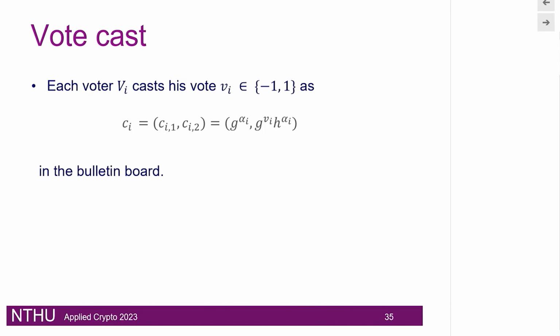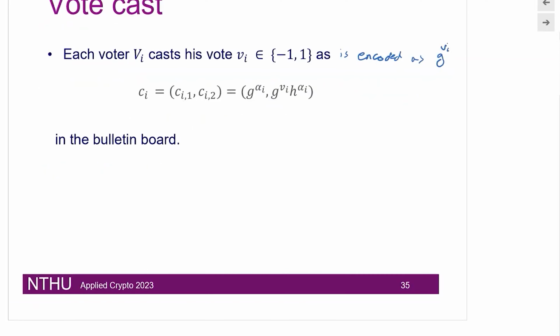In case of the voting, again we are going to use our commitment scheme. Everyone is going to cast a vote. So the vote is encoded as G to the power VI.